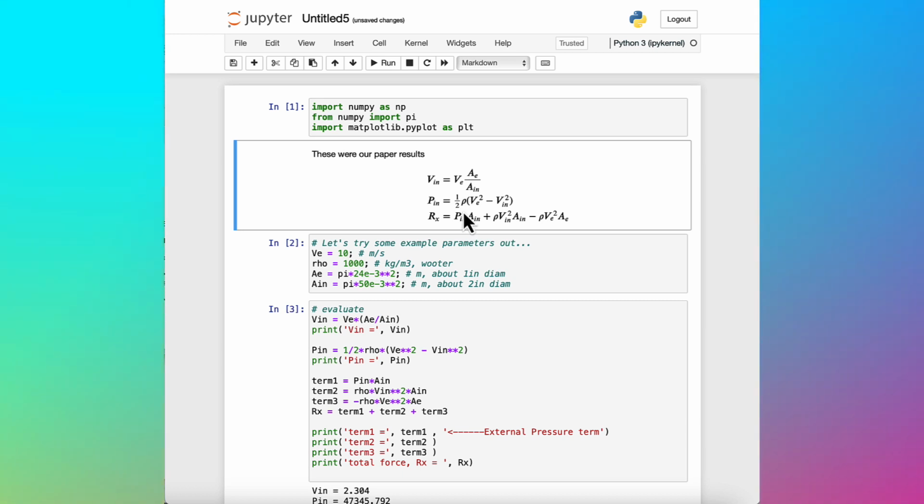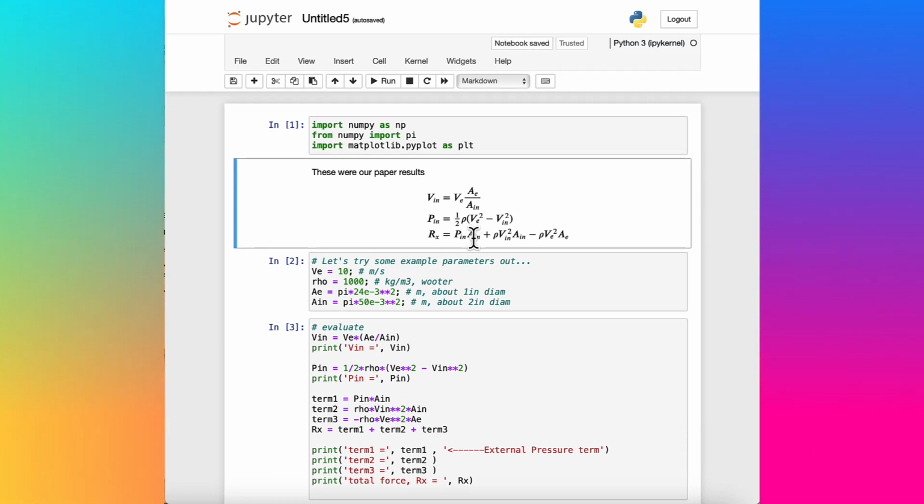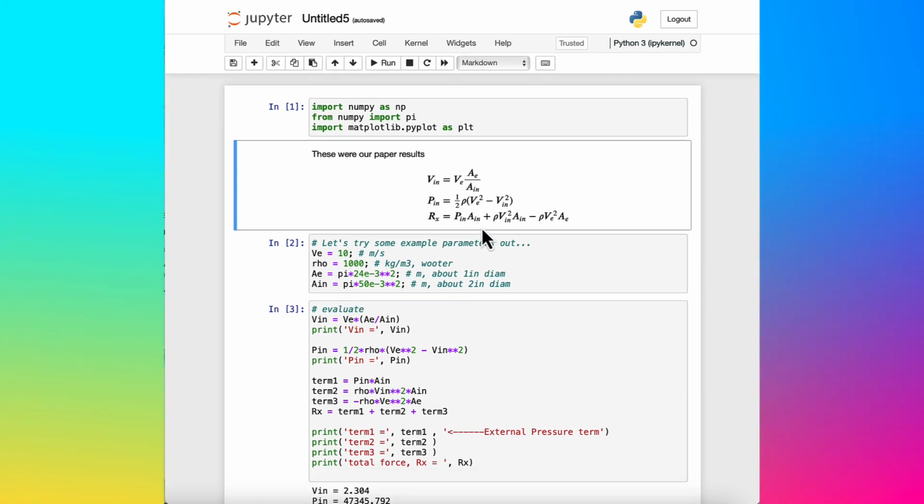That gave us our half rho times v squared at the exit minus the v squared at the inlet. And then our total force that had to act on the nozzle had a first term that had to do with pressure acting on the leftward side of the fluid at the inlet, and then there were other terms associated with momentum flowing into and out of the control volume.